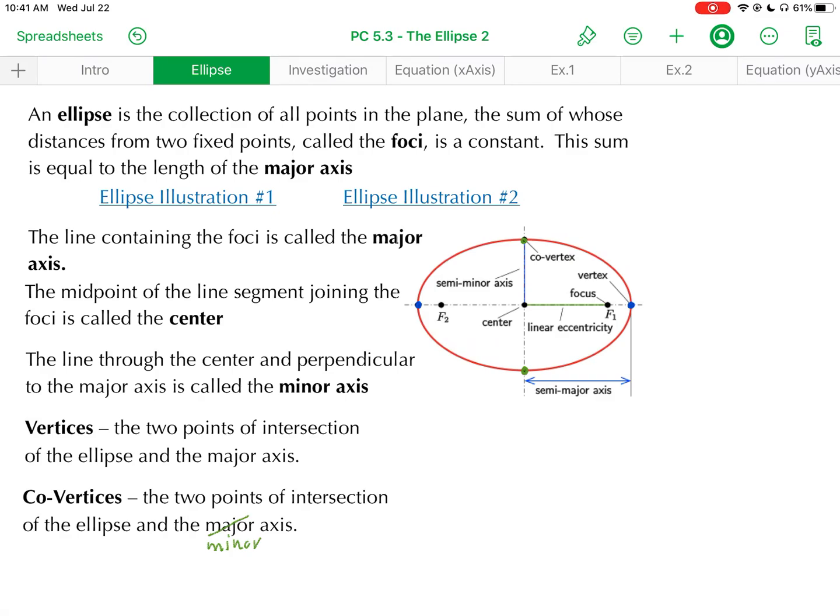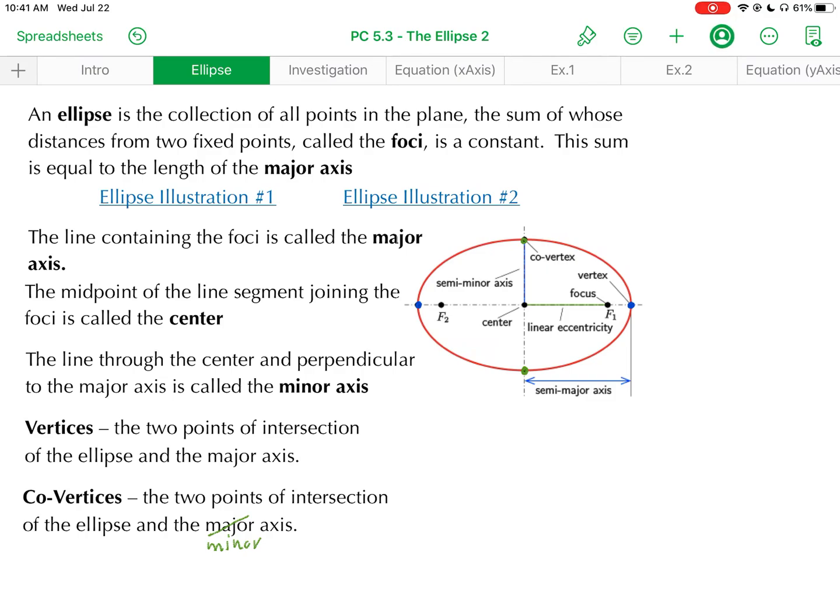Also notice in the picture we have a couple other things labeled. So you have the semi-major axis. That's simply the line segment that's stretching from the center of the ellipse to either of the main vertices. Then you have the semi-minor axis, which is the line segment stretching from the center to the co-vertices.